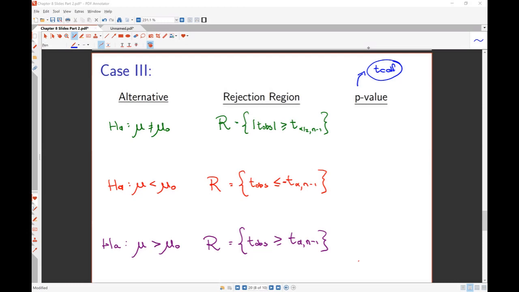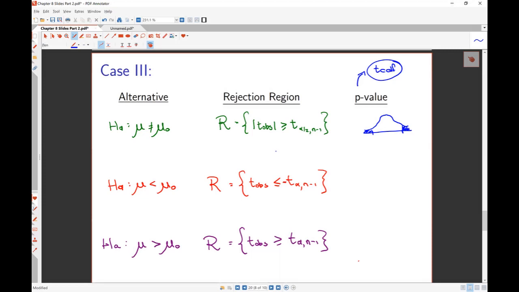So in the case of a two-sided test, the same thing plays out as in the case 1, case 2 idea where we're using a normal distribution. We want to evaluate on our t-distribution curve both the area to the left of the negative of the observed value and the area to the right of the positive of the observed value.